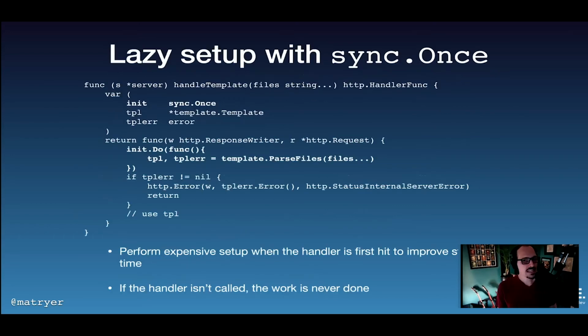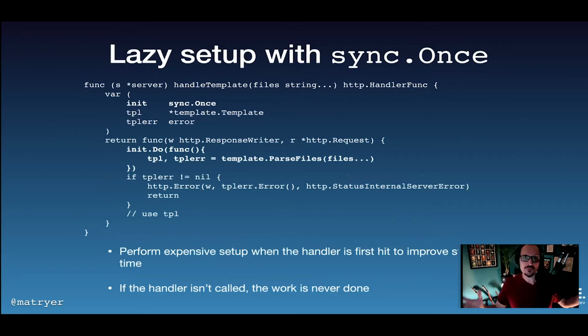Sync once is a pretty awesome API, actually. You create one, you instantiate a sync once, and then you call do and pass in a function. And it will guarantee that it will only be called once.